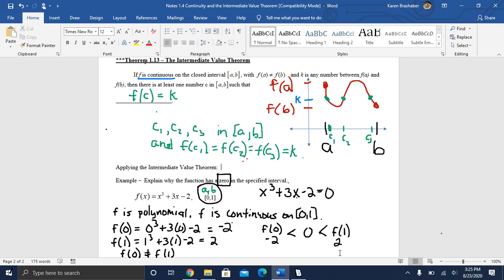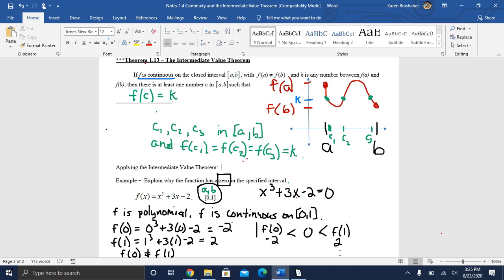So if you remember on your graphing calculators, those of you that have used the TI-83, if you're doing second calc 0, the calculator will make you find something that is on the negatives of the y values, and then it will make you find another point that is in the positives of the y values.